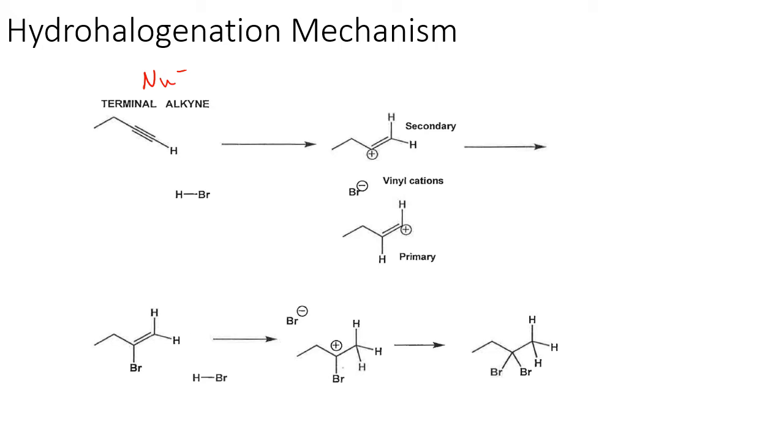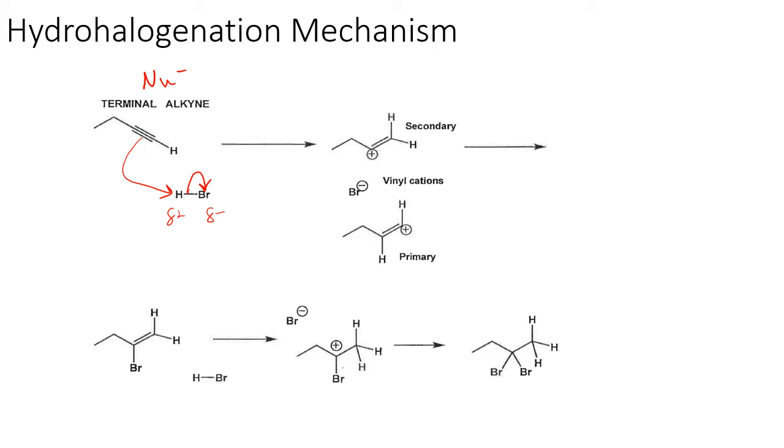So we learned that HBr is a polar molecule, and so the hydrogen side is going to be partially positive, and the halogen side is going to be partially negative. So the hydrogen is going to function as our electrophile that the pi electrons of our nucleophile will attack. So starting with our pi electrons, we're going to attack our hydrogen, and the electrons in the covalent bond stay with the bromine and form bromide anion.